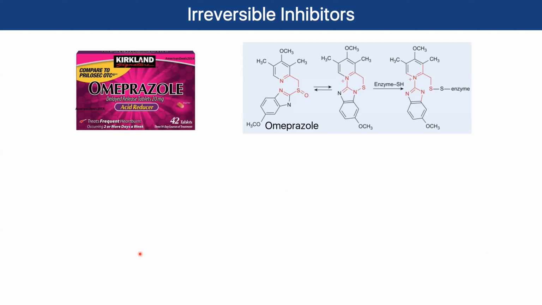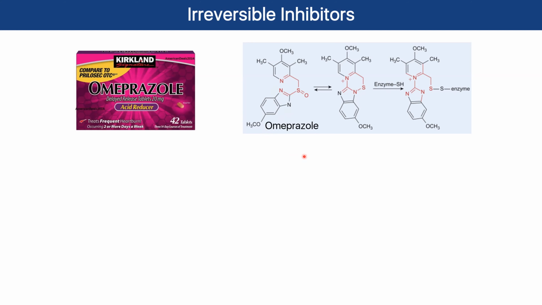Common examples for irreversible inhibitors. This is pretty interesting. Omeprazole is a proton pump inhibitor, right? It's a commonly used so-called acid reducer if you don't feel well in your stomach. So you can take this. This is actually one of the early examples of an irreversible inhibitor. Actually, I didn't know this until I learned all the details.